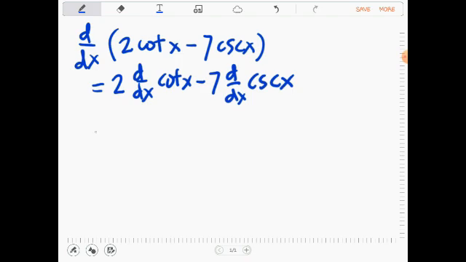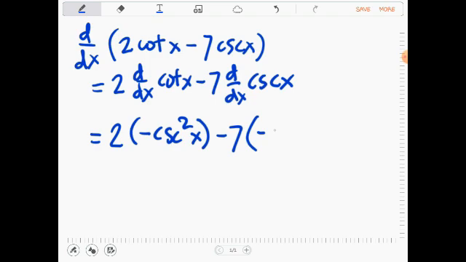Okay? So, copy lang natin yung 2. And then, yung derivative ng cotangent of x is equals siya sa negative cosecant squared x. Okay? Minus 7. At saka yung derivative ng cosecant x is equals siya sa negative cosecant of x cotangent of x.